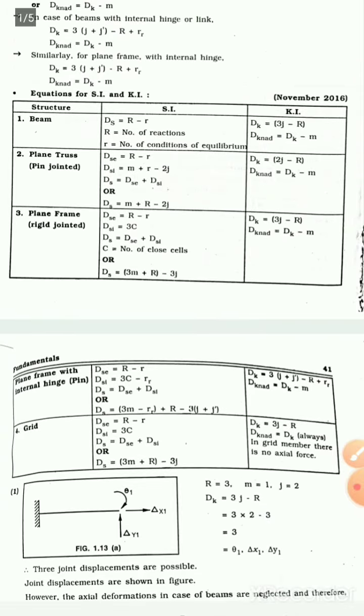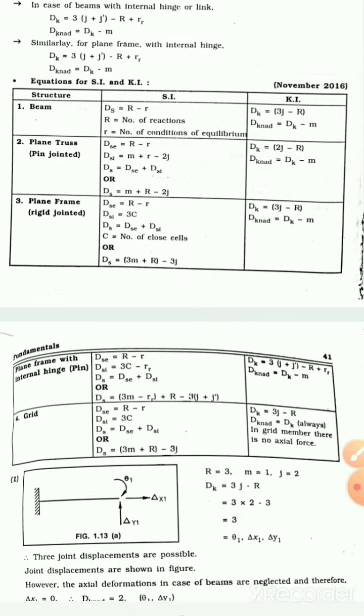Now the equations for static indeterminacy and kinematic indeterminacy. Here are the different types of structures and their static and kinematic indeterminacy. For a beam, Ds equals capital R minus small r, where capital R is the number of reactions and small r is the number of conditions of equilibrium, and kinematic indeterminacy Dk equals 2j minus r.